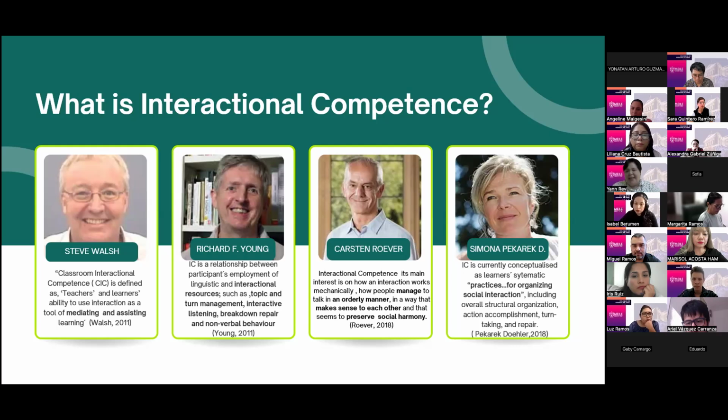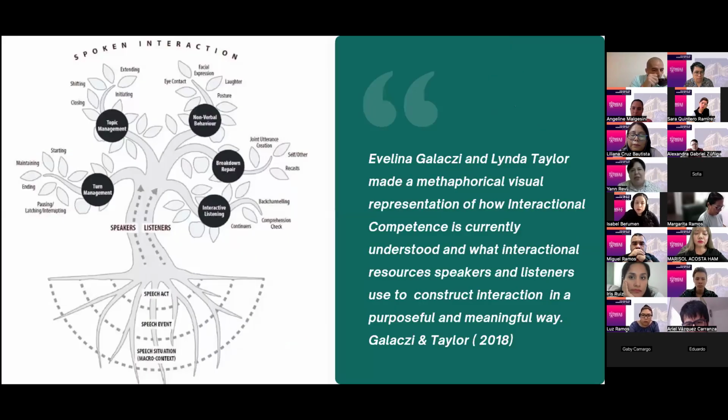And finally, one important expert, Simona Pekarek, mentions that they are reconceptualizing interactional competence, and that's why she says it is currently conceptualized as learners' systematic practices for organizing social interaction.